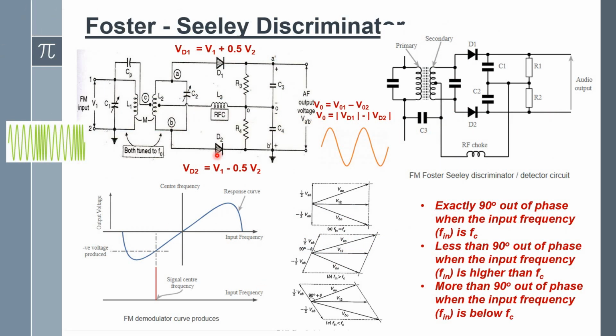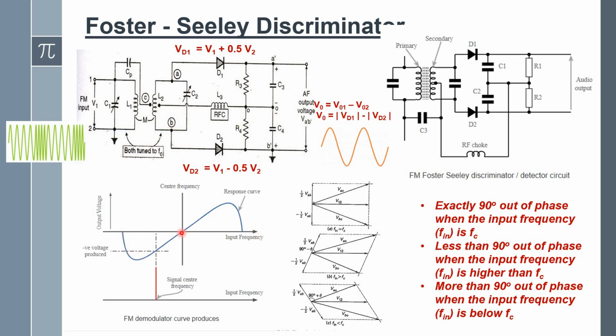In this circuit diagram, as in the balanced slope detector, two slope detectors are available, slope detector 1 and slope detector 2. We apply the frequency modulated signal at the input side, and we expect the message as a demodulated signal at the output side. The entire response of this discriminator is represented as an S-shaped curve.